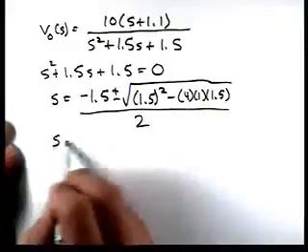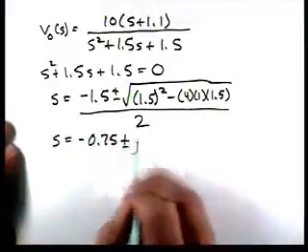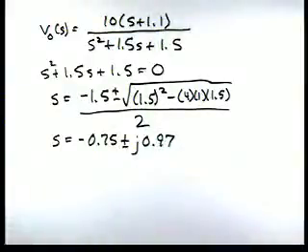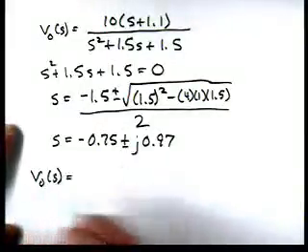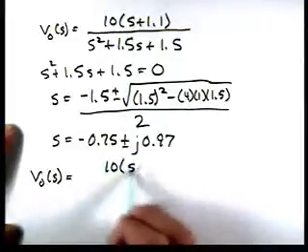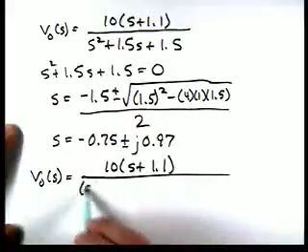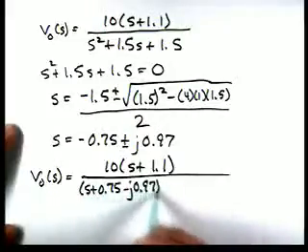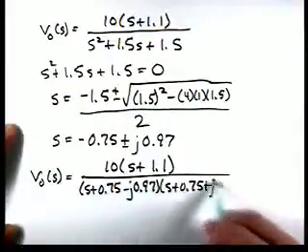So our roots are minus 0.75 plus or minus j0.97. Then V0 can be written as 10 times (s plus 1.1) over (s plus 0.75 minus j0.97)(s plus 0.75 plus j0.97).